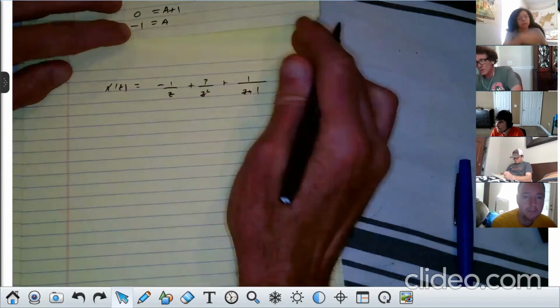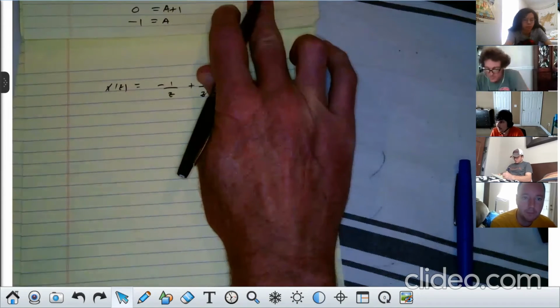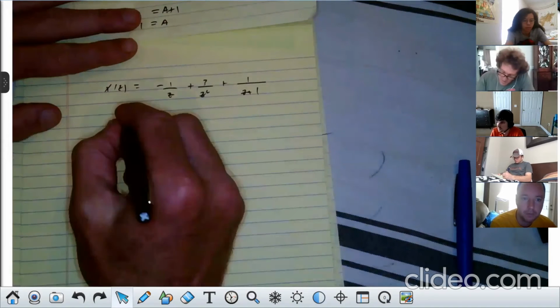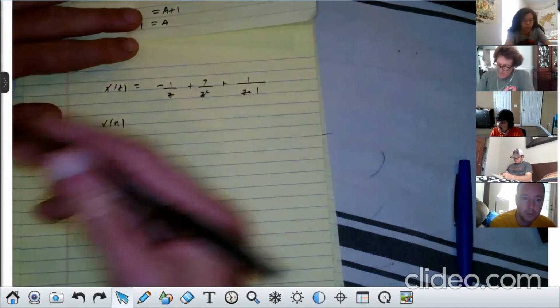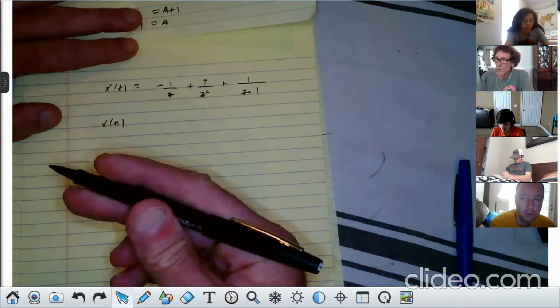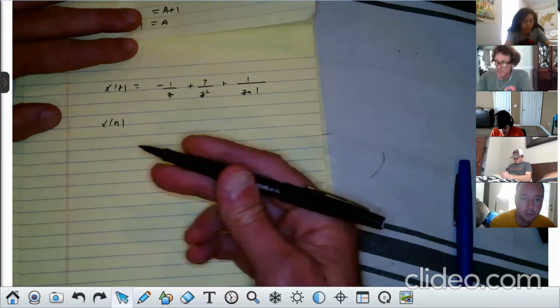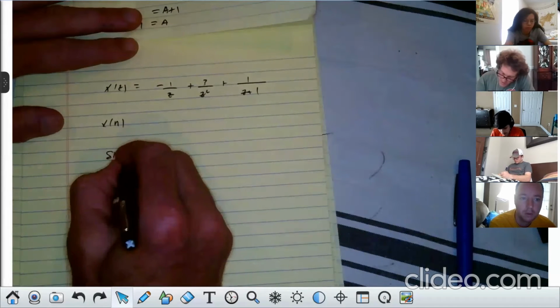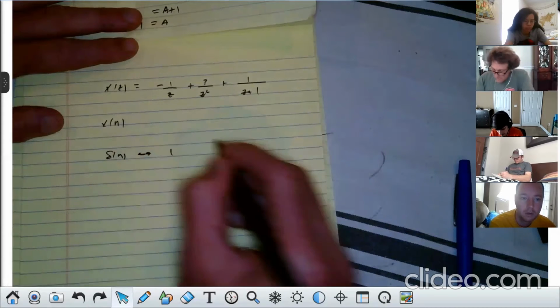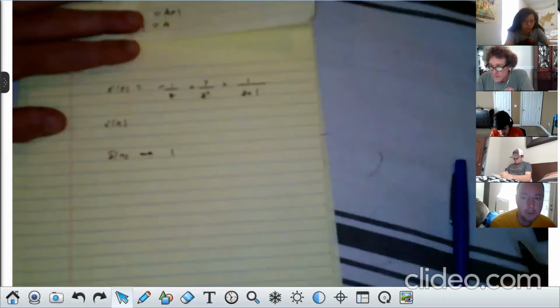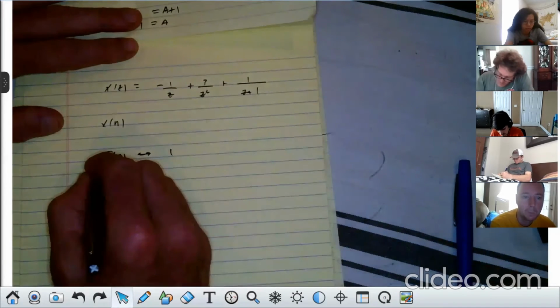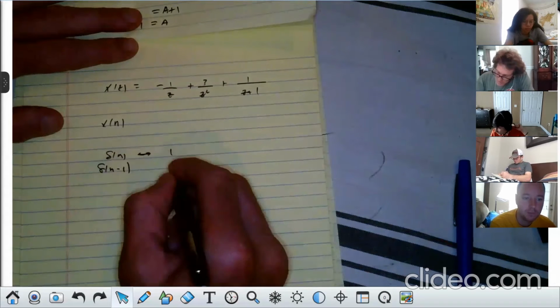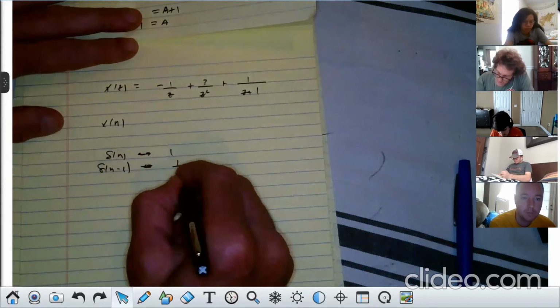Now I'm going to go through this probably for the last time to show the way you get x of n. I'm going to do it with more information than usual. I'm literally going to show you the relationship. So if I have delta of n, that goes to 1. If I have delta of n minus 1, that goes to 1 over z.